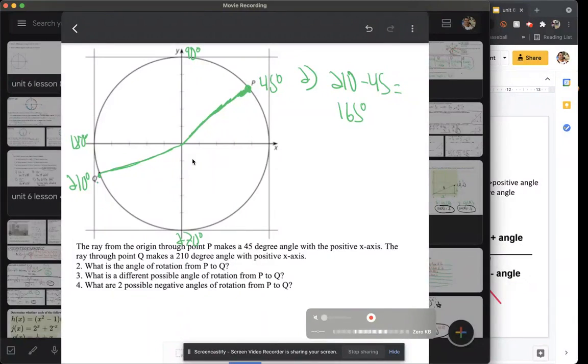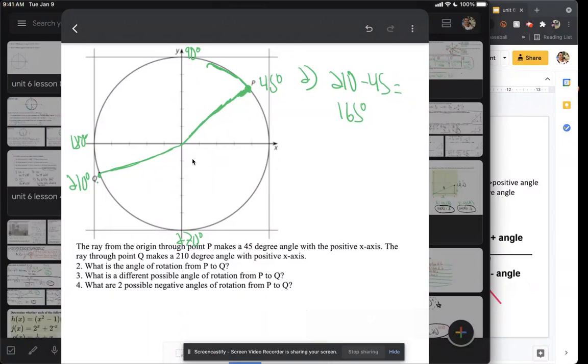So if I'm going from P to Q, that is a counterclockwise rotation. A counterclockwise rotation means that this is a positive 165-degree angle because I rotated counterclockwise. So number 2, the answer is 165 degrees.